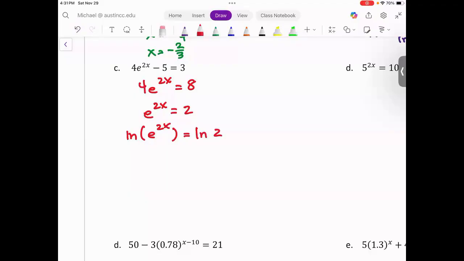Okay, this part right here, this is another one of those properties. If we have a base e raised to some power, that's going to be equal to just that power. Again, we don't have to remember that property. We could use that power property to bring down that 2x, like so.